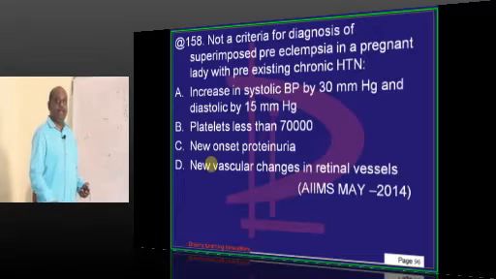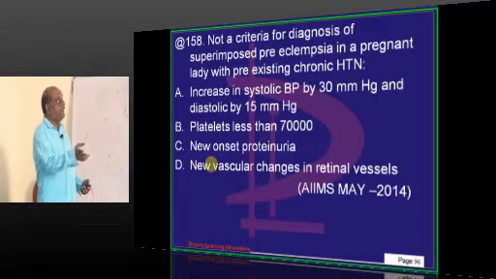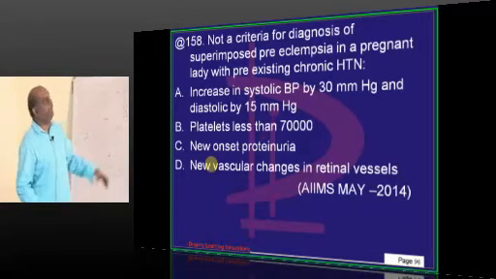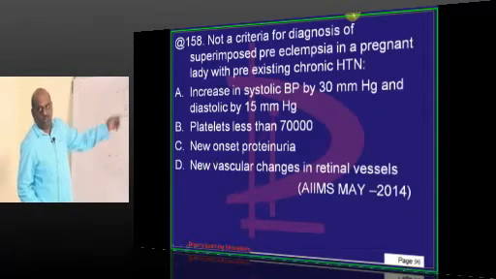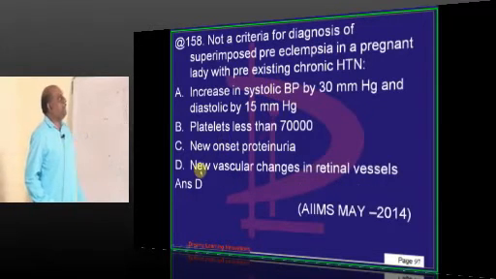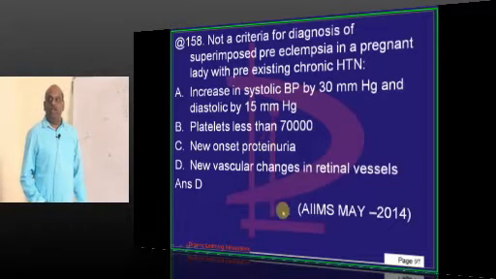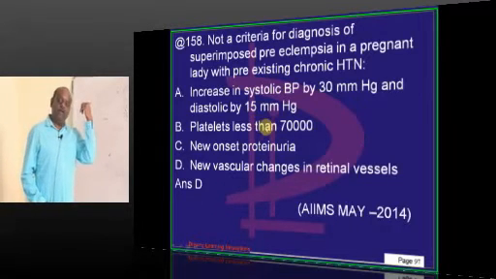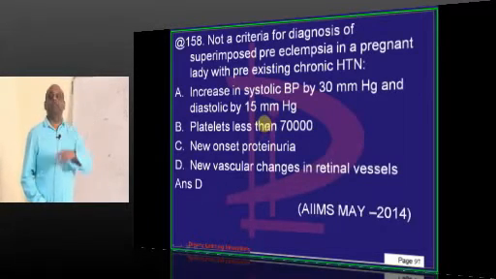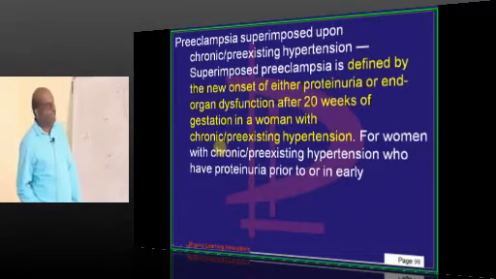Pregnancy आने के पहले अगर BP 140 है तो this time if the systolic BP is 30 mm more, diastolic more than 15 than earlier BP, that defines superimposed. Similarly, any new onset proteinuria, platelets less than 70,000, any of them occurring with the background of previous hypertension defines superimposed preeclampsia. इसमें vascular changes are not included in the criteria.